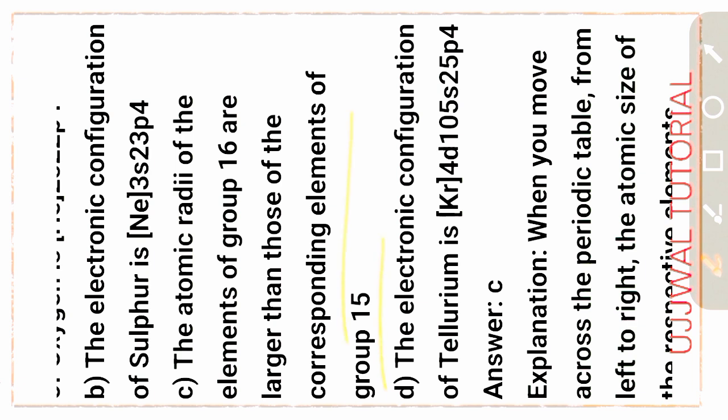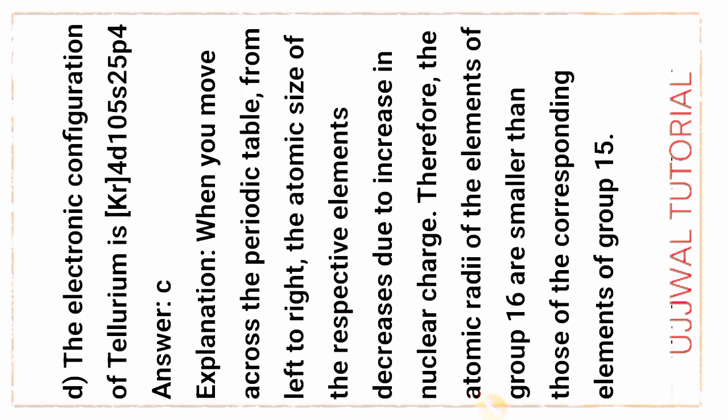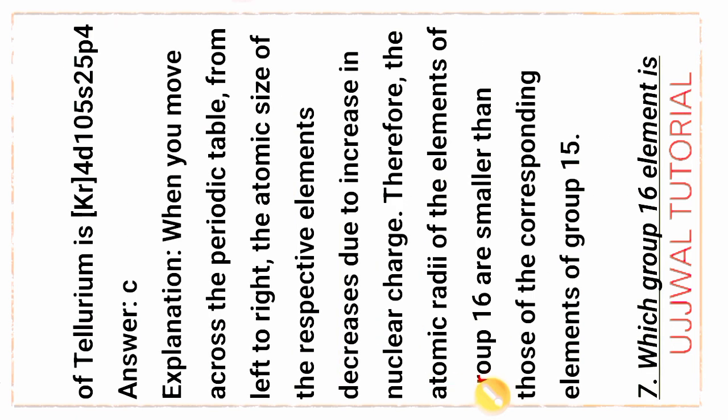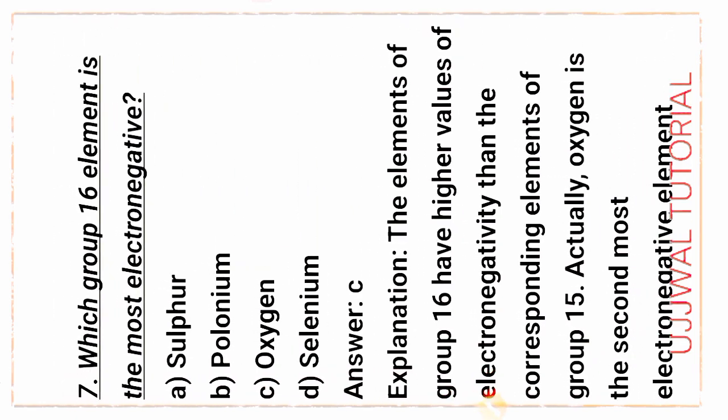To explain this part, when you move across the periodic table from left to right, the atomic size of the respective elements decreases due to increase in nuclear charge. Therefore, the atomic radii of the elements of group 16 are smaller than those of the corresponding elements of group 15. Clear?